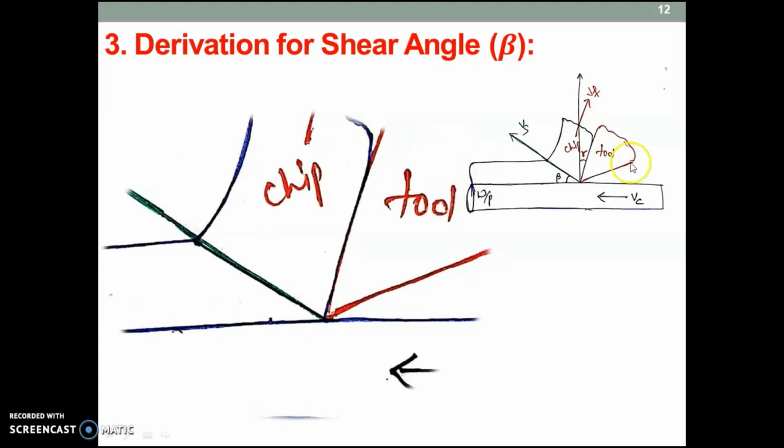For derivation we have only taken this portion of the model. We have zoomed in on this portion, and again we have shown the angles: gamma is your rake angle, and beta is the shear angle, which is the angle between VS and VC.